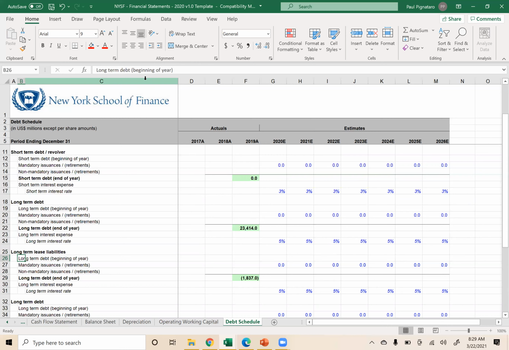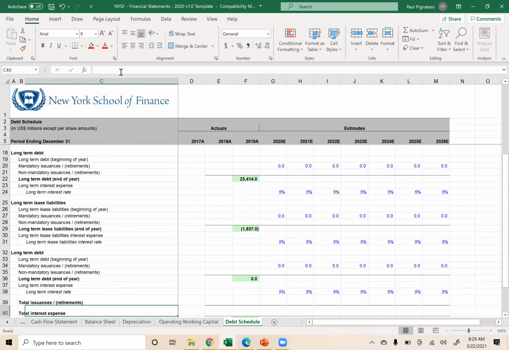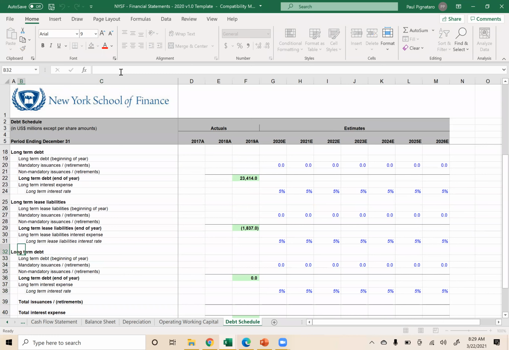We'll talk about what they mean, but long-term debt, long-term lease liabilities, bit of a pain, long-term lease liabilities, interest expense, interest rate, okay? And then long-term financing obligations, okay?